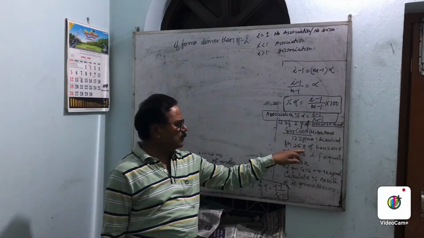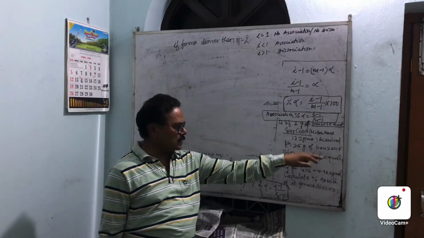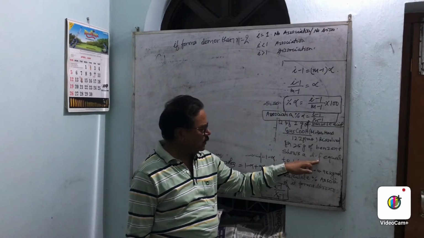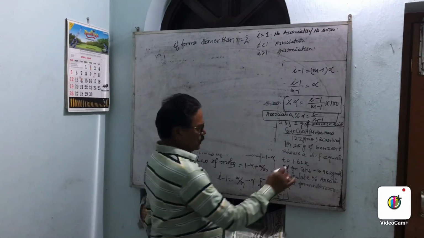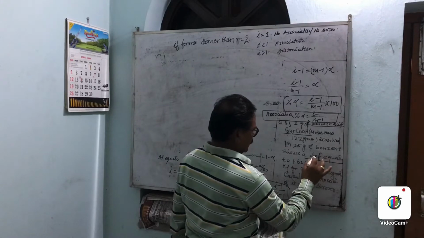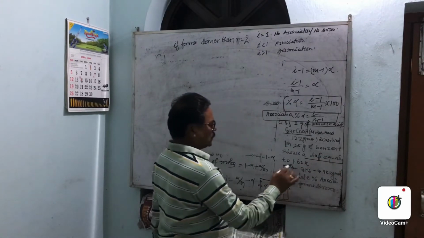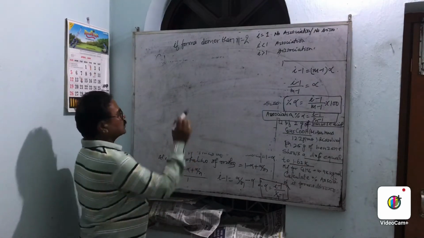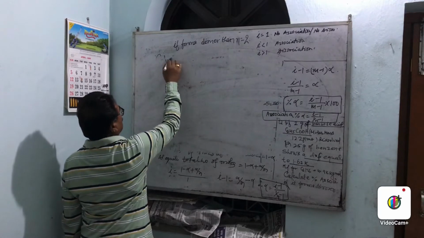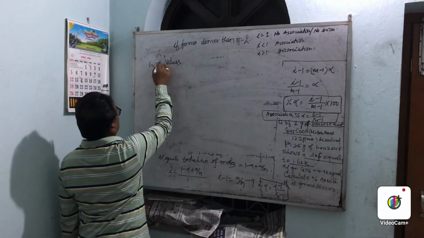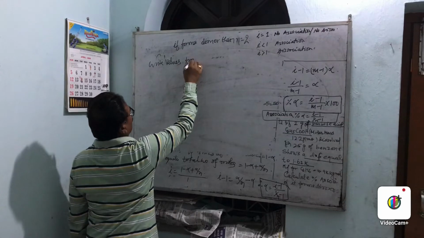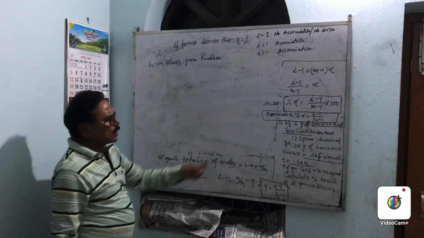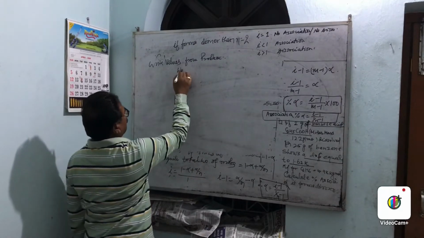Dissolved in 25 gram of benzene. Benzene acts as the solvent. It shows a depression in freezing point equal to 1.62 Kelvin. First we write the values from the problem. 2 gram of benzoic acid, this is the weight of benzoic acid.